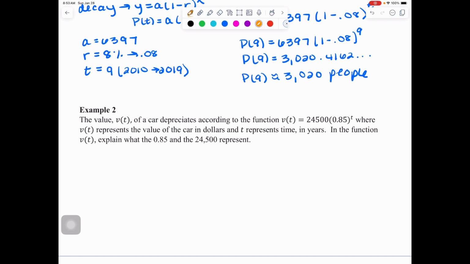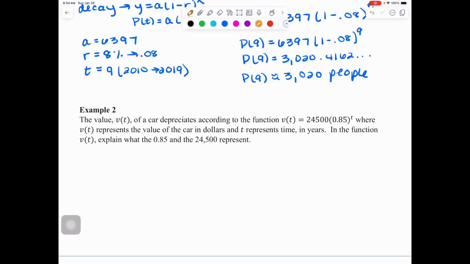So they're asking you to explain what the y-intercept means. And then inside, because we know it's either 1 plus the rate or 1 minus the rate, they're basically asking you to explain, based off the rate, what is happening year after year, telling me if it's growing or decreasing and by how much. So very similar to describing a slope and y-intercept, just in the exponential form of it.